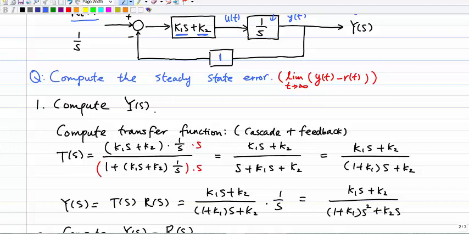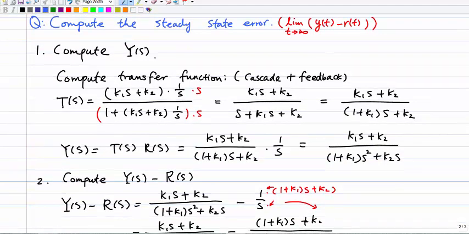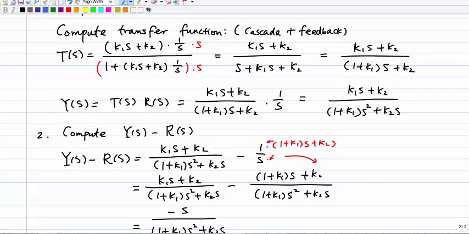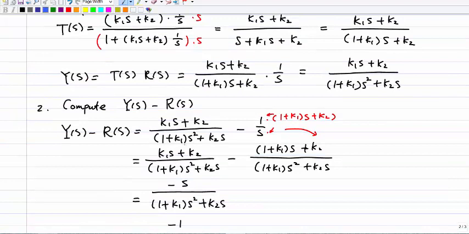So that's it. Now we're going to compute y sub s minus r sub s. With a little bit of computation, y sub s minus r sub s is this guy, repeated over here, minus 1 over s, which is my r sub s. We make the denominators the same so we can do the subtraction. We keep the first one the same, and for the second one, we multiply both the numerator and denominator by 1 plus k1s plus k2, to make the denominators of the first and second items the same.